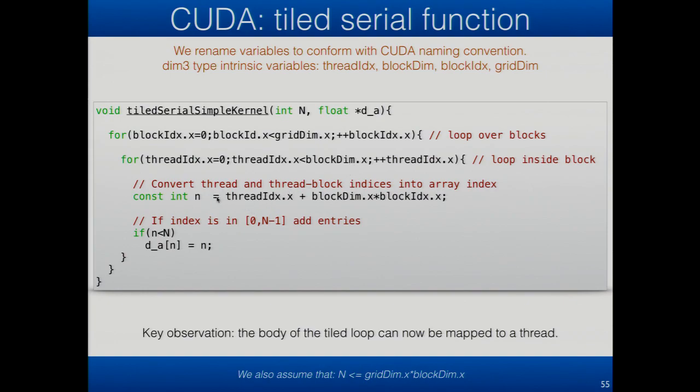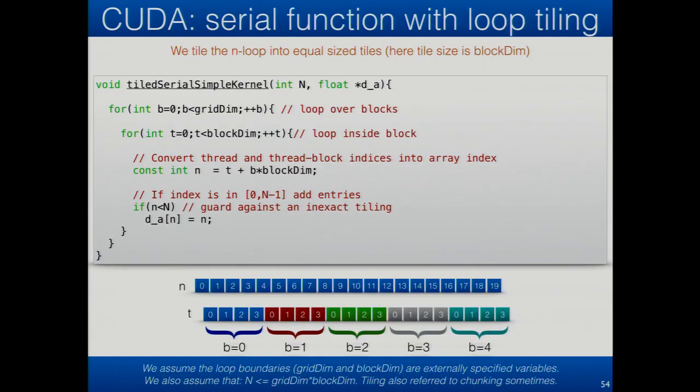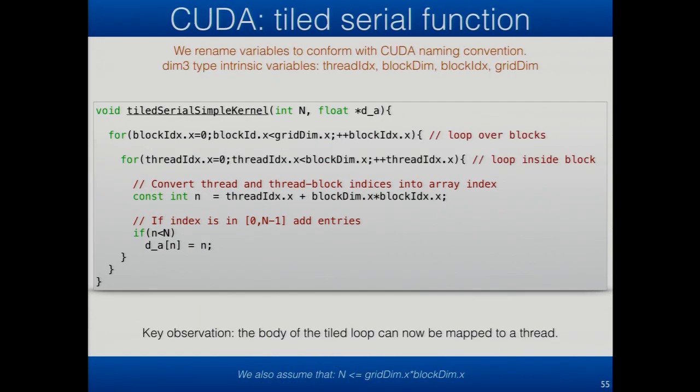And then to get from the thread index and the block index and the block dimension, we can reconstruct the index into the array, just as we did. So basically, take everything on this slide, add .x to the dimension, use stupid variables for the block index and for the thread index, and you get prototypical CUDA code written out in serial.